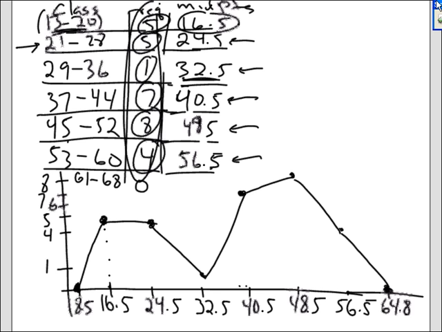And the class before the first one would have gone from 5 to 12, and the frequency would have been 0. Nobody got between 5 and 12. So that's why we go to 0 on the left and 0 on the right. And there is your frequency polygon.